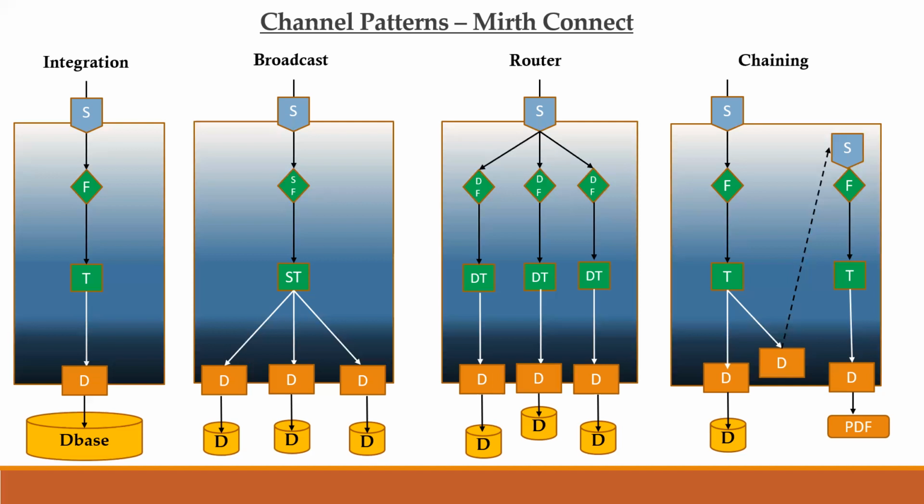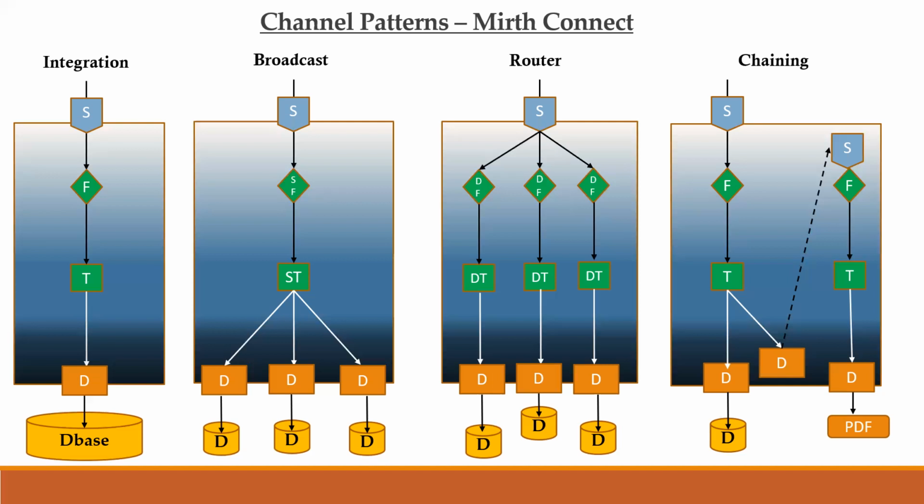If you have 10 destinations, the same message gets duplicated to all 10 destinations. A replica of each message will be sent to all the destinations, and the same will be delivered by each destination based on each of those destination configurations.